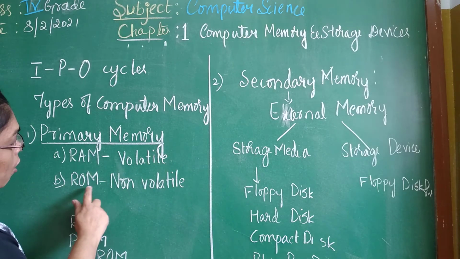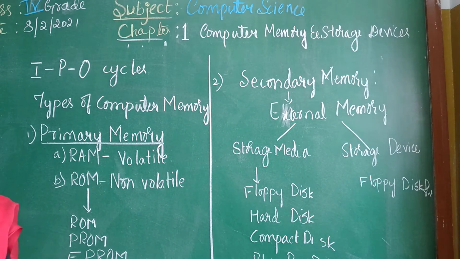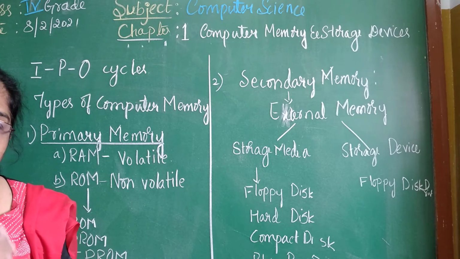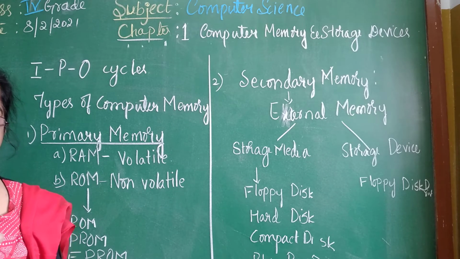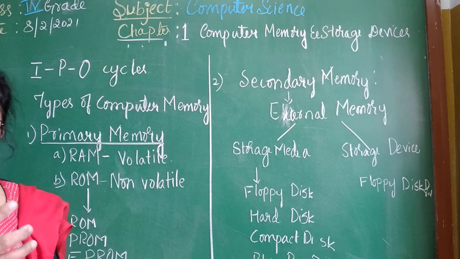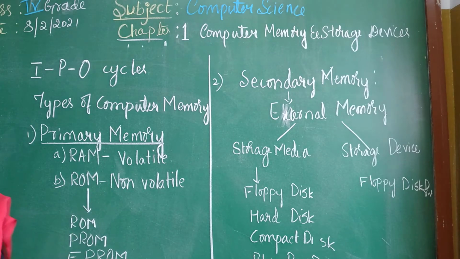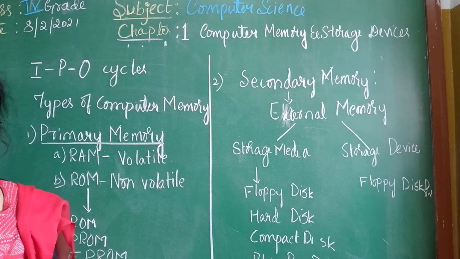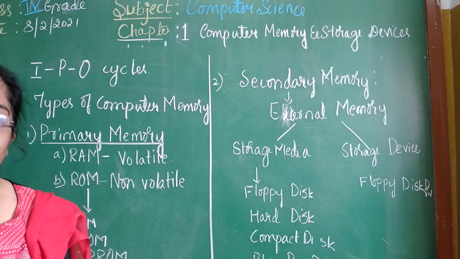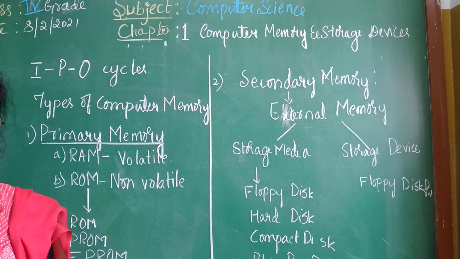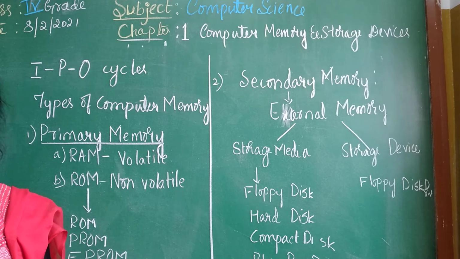Next is ROM, that is non-volatile memory, read-only memory. The basic instructions which are given to the computer when you switch on the computer will be in the ROM. It is inside the motherboard. So, it is a non-volatile memory. In this memory, you can only read, but you cannot write or erase.